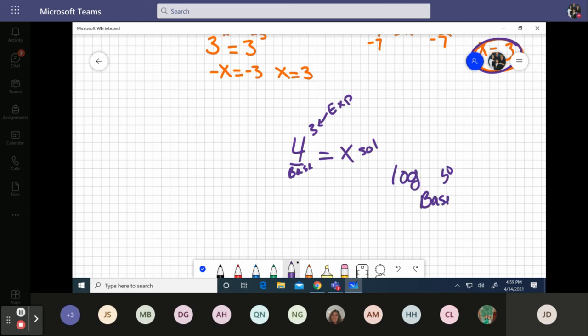Base, solution, and exponent, right? Log of base 4 of x is equal to 3.